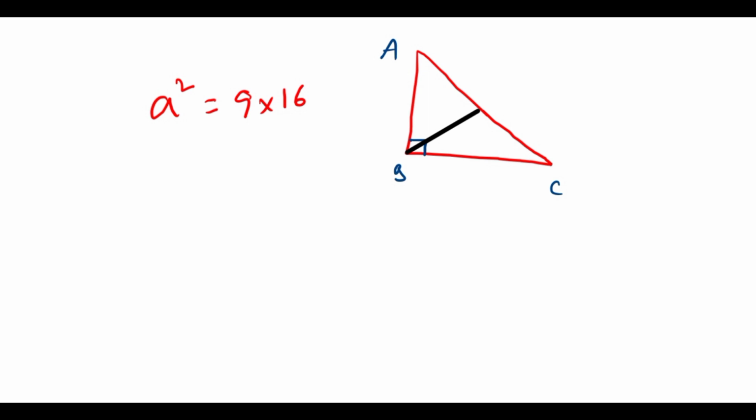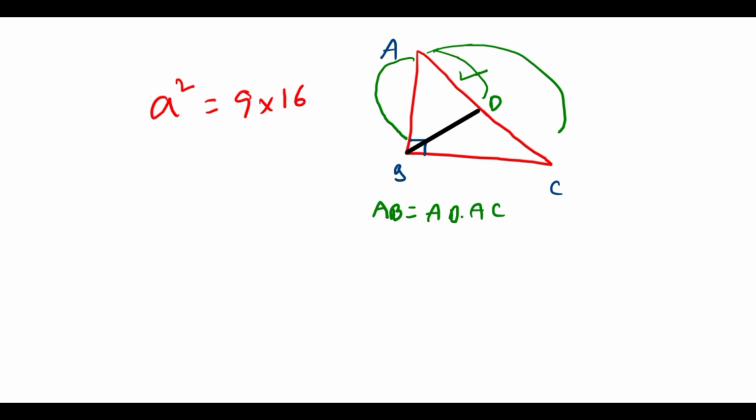AB square is the common side of the two triangles. If you take this point D, then AB square equals AD into AC. By taking similar triangles, the sides are proportional, so we get this. You can refer to this point in the Pythagoras theorem also.